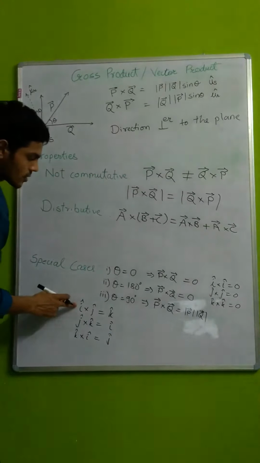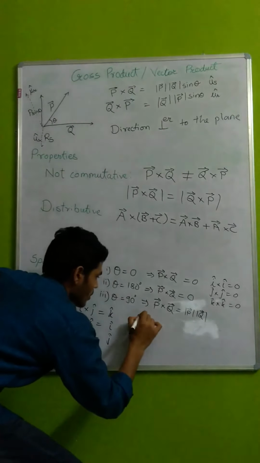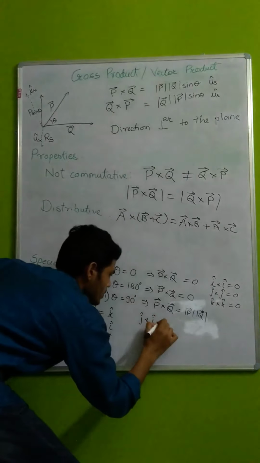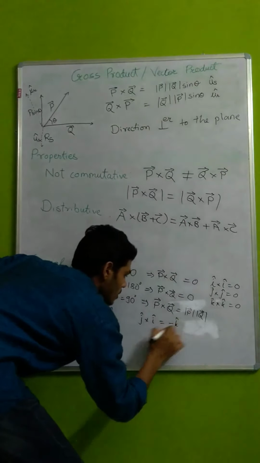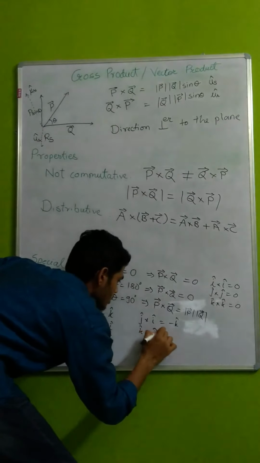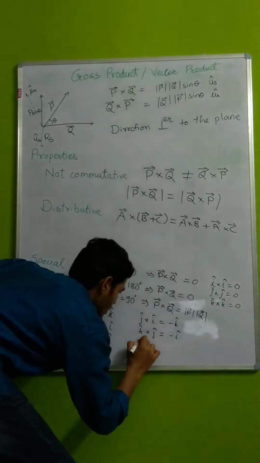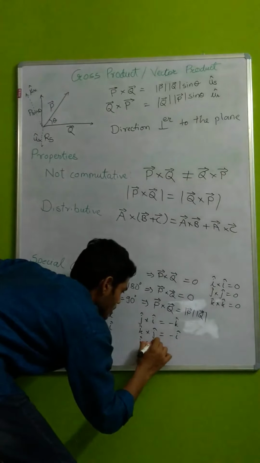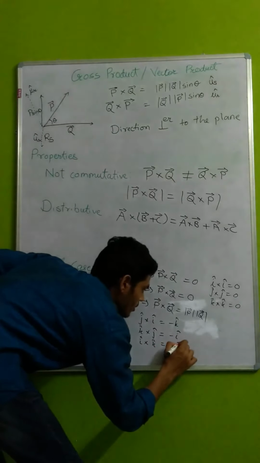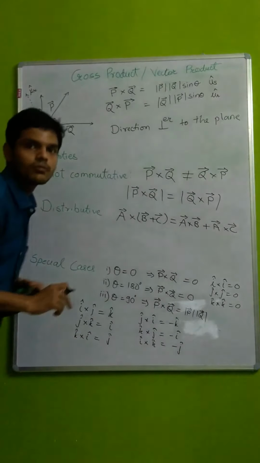Now if we reverse this, if we say j cross i will give us minus k vector, k cross j will give us minus i vector, and i cross k will give us minus j vector. So this is important to note because it will be used in various cases.